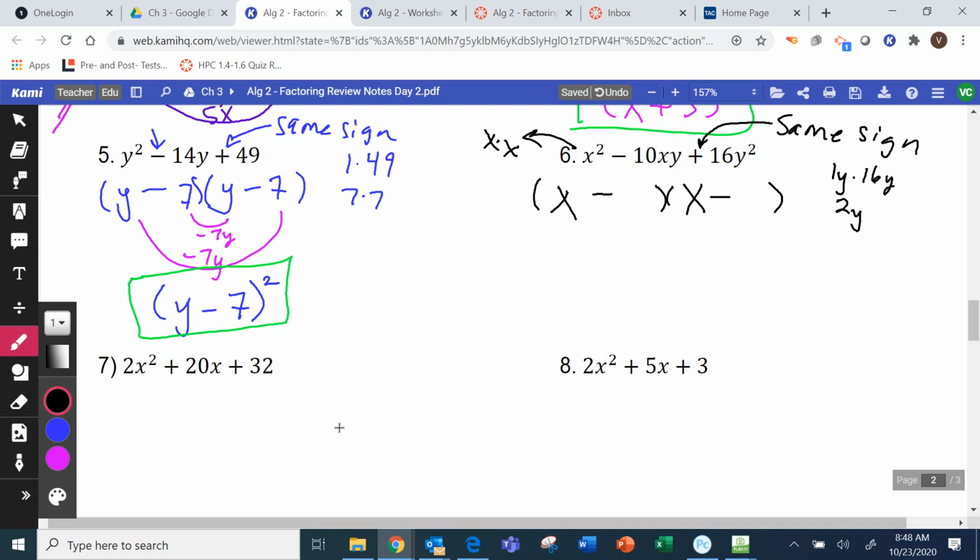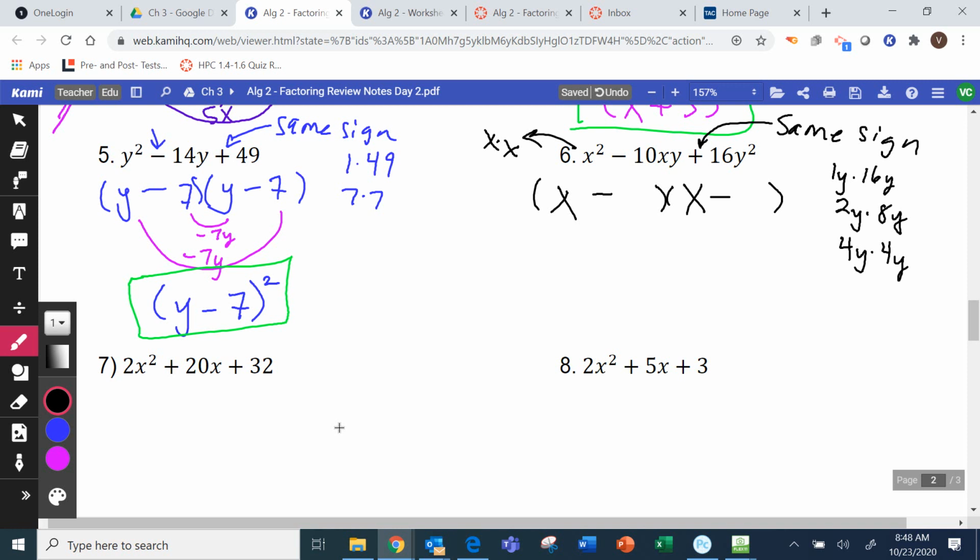Could be 2y and 8y. Could be 4y and 4y. So the difference with this one is there's also a y in it, but it's okay. And then as I'm looking ahead, what out of these 3 options could I use to maybe possibly get a 10? The 8 and the 2.